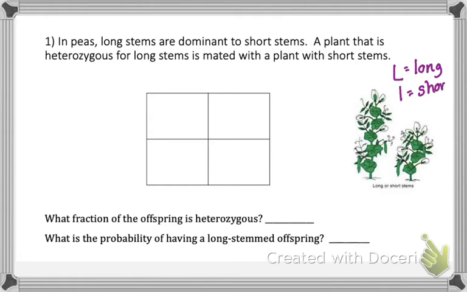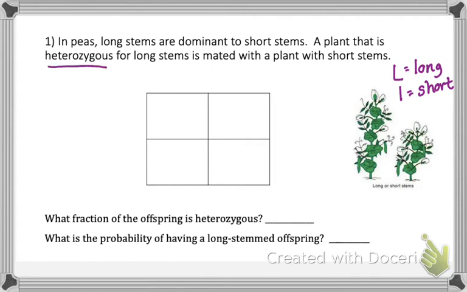You could pick whatever letter you want. It's just helpful to have a letter that has unique uppercase and lowercase forms. Something like S or P can sometimes be difficult, based on your handwriting, to figure out: did you write capital or lowercase?